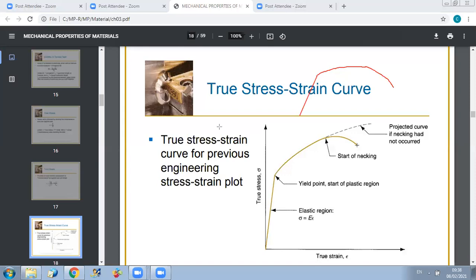Okay, now we will see that true strain is smaller than engineering strain, while true stress is higher than engineering stress in tensile tests. Why?